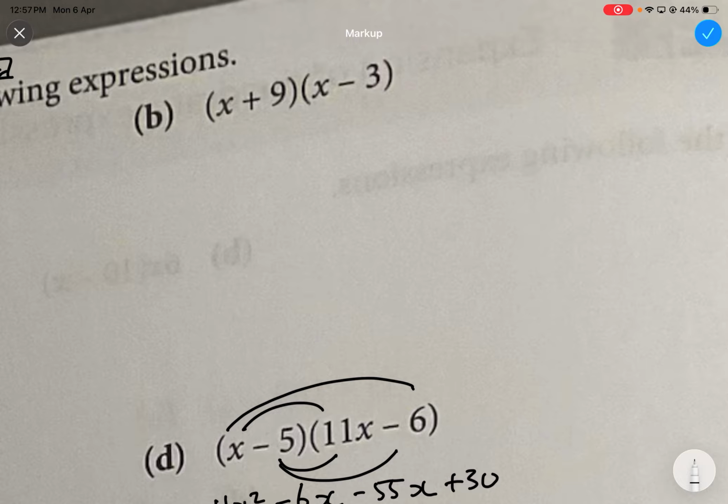Why do you want to set it like this? What are you doing, Mariam? Why did you get 2x squared?